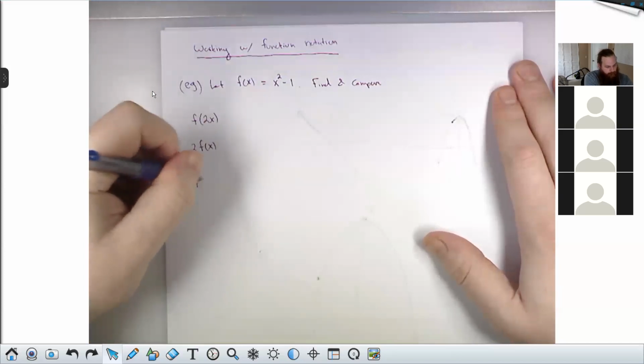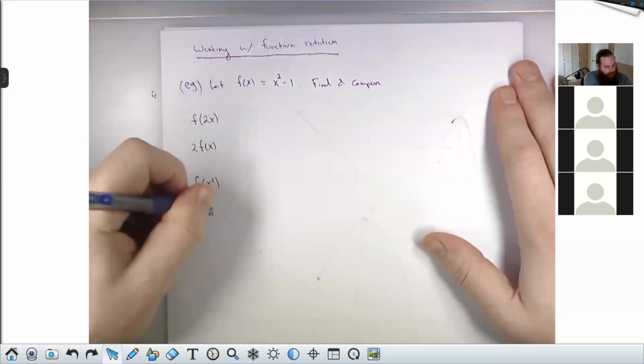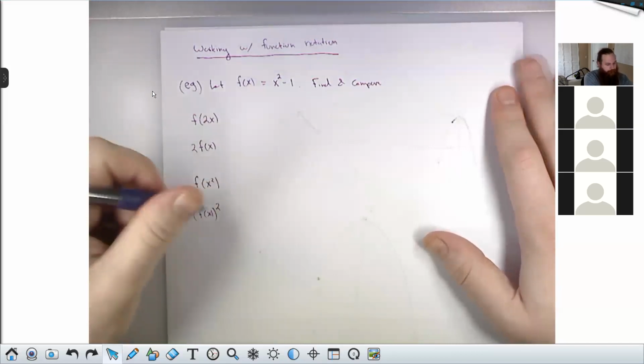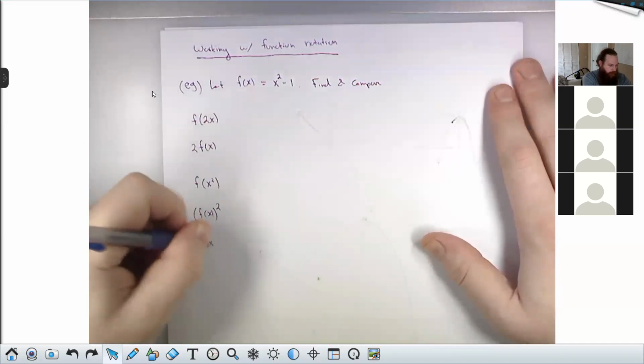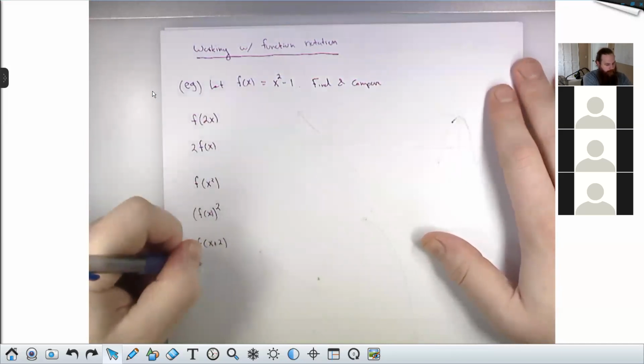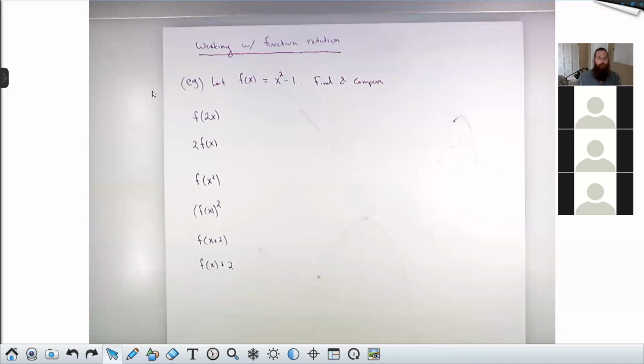F of x squared and f of x all squared. And let's do f of x plus 2 and f of x plus 2, like this. So just trying to get comfy with what this notation means.